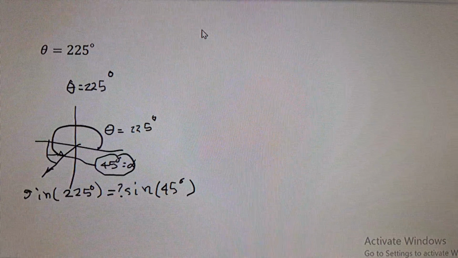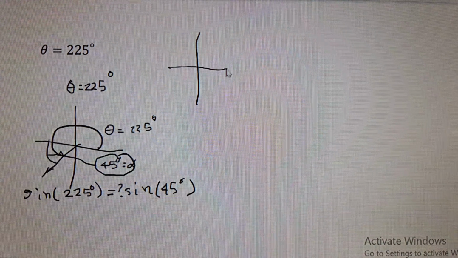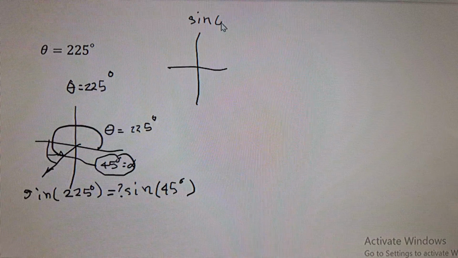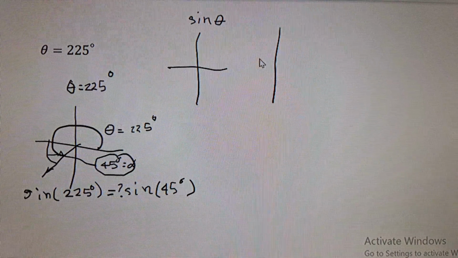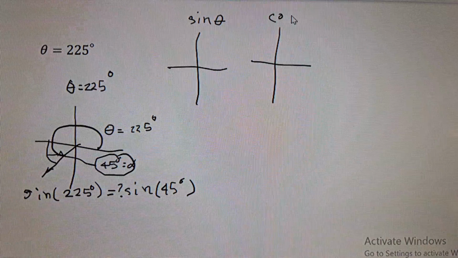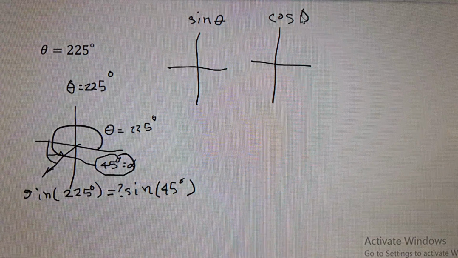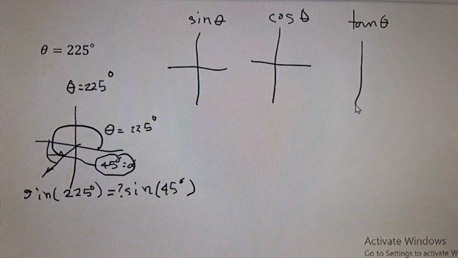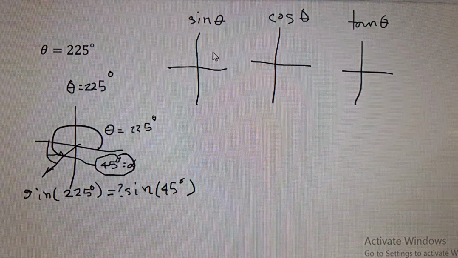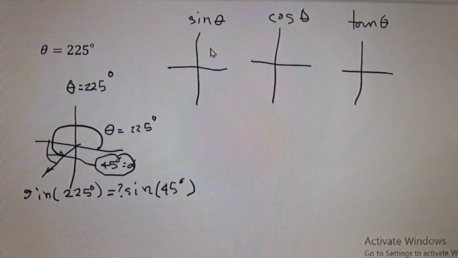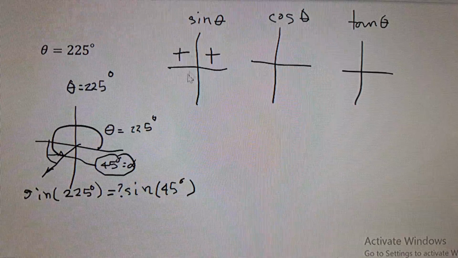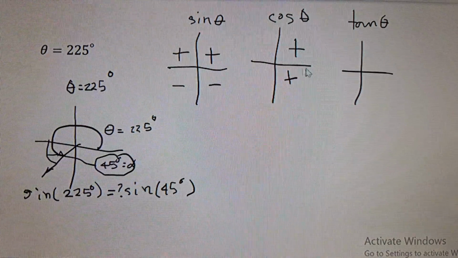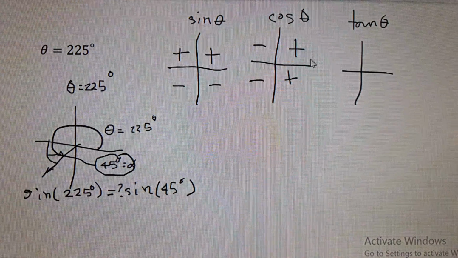Once again, what's the convention? The sine of theta, cosine of theta, and tangent of theta. Let's take a look. We know that sine is positive here and negative here. Cosine is positive here and here, negative here.